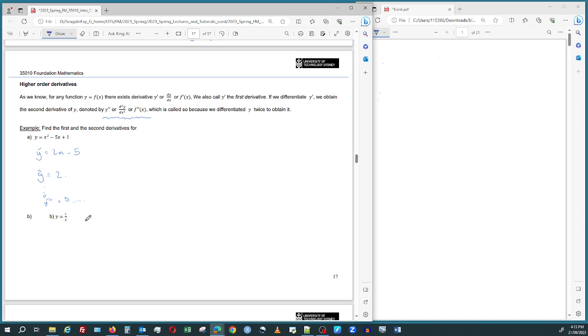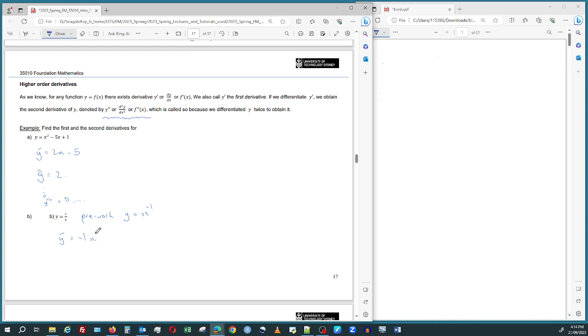All right, so the next one. So we're going to do a bit of pre-work, some algebraic gymnastics. Y is equal to x to the minus 1. So y dash will be equal to minus 1 will come out the front.